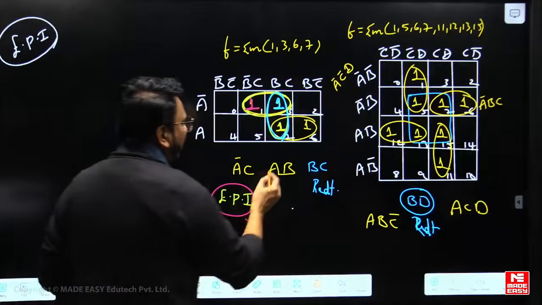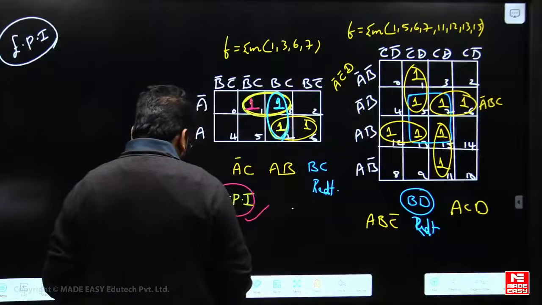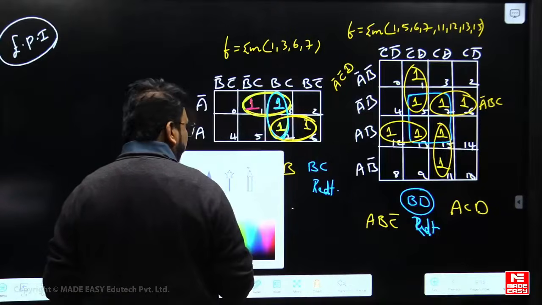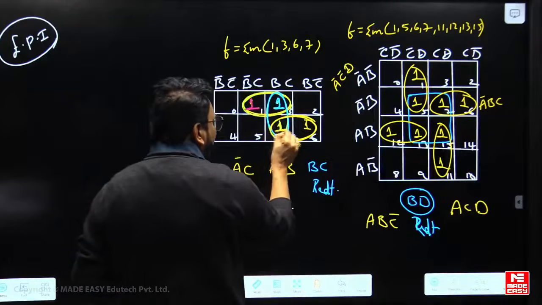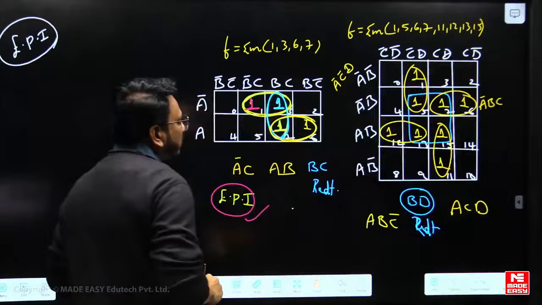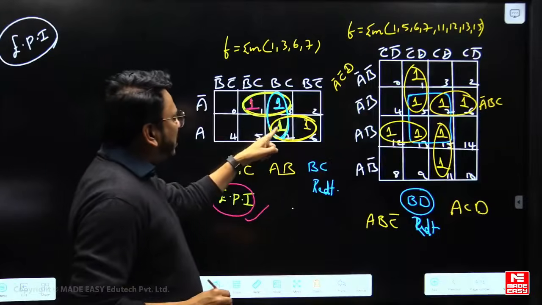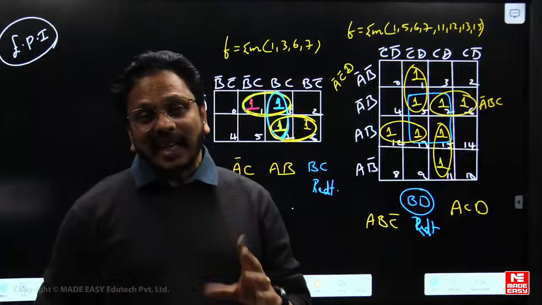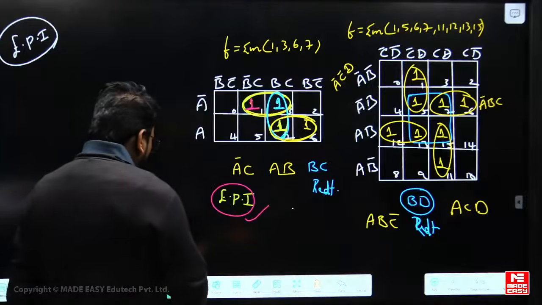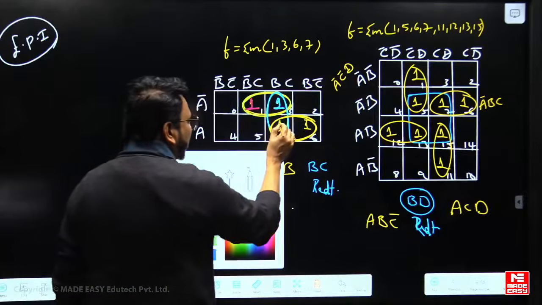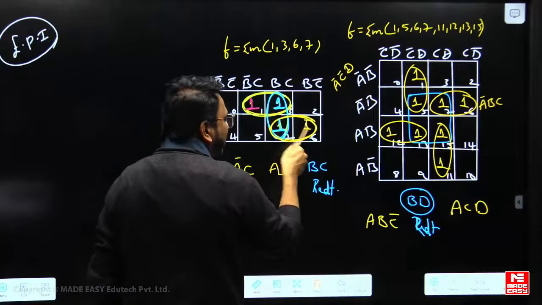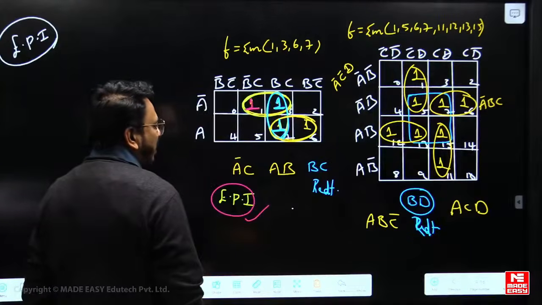In the same manner, you observe this particular group, my dear. In this group, this particular one is not eligible to say that group is an essential prime implicant. Why? हाँ sir, समझ में आया sir. ये one इससे भी group बना रहा है. Yes. And by this also it can get the group. Yes.